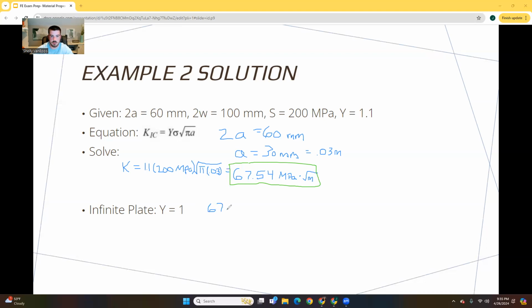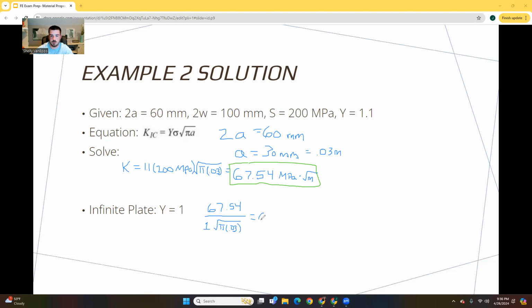So we have 67.54 over 1, which is our Y value, times the square root of pi times 0.03 meters.